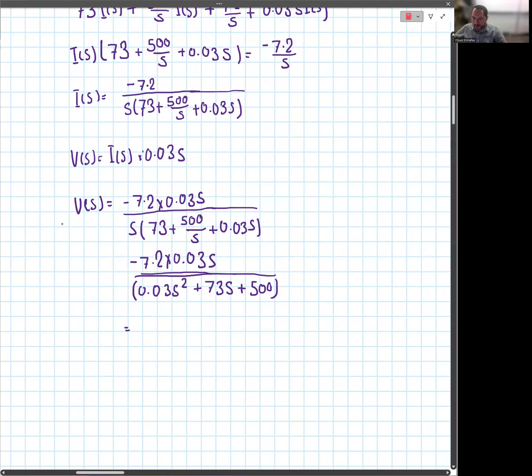Take the 0.03 outside. From here we can directly solve in MATLAB, just factorize it, get the roots and everything, or let's just do it manually for now.